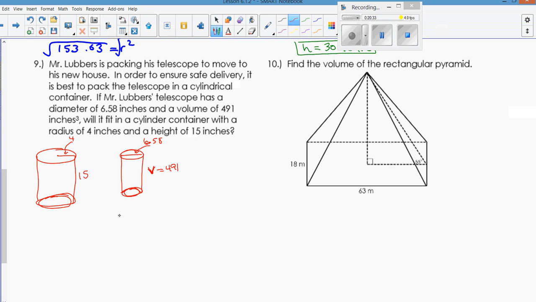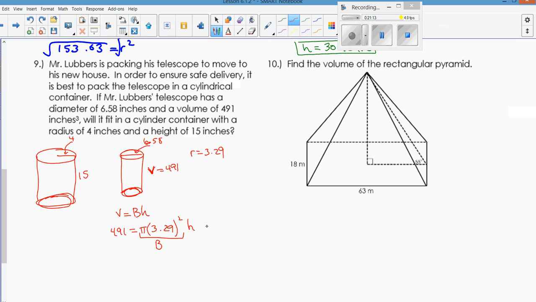So the volume of the cylinder is equal to the area of the base times the height. So that means that 491 is equal to the area of the base, which is pi r squared. Well, the r would be half of 6.58, so 3.29. Pi r squared, and this whole part is the area of my base times my height, which is what I don't know.